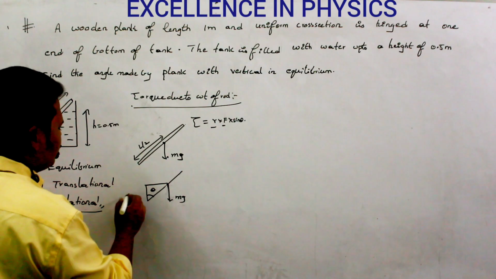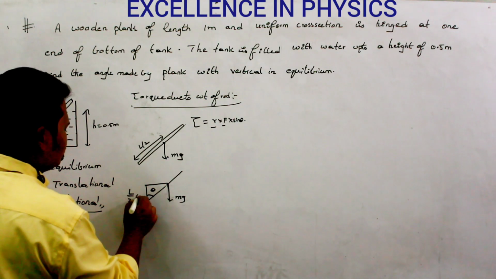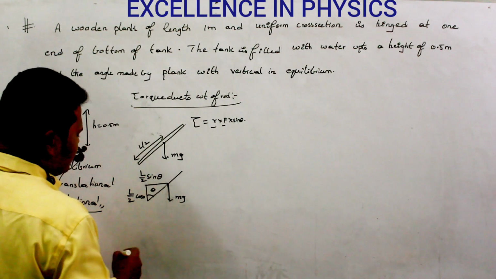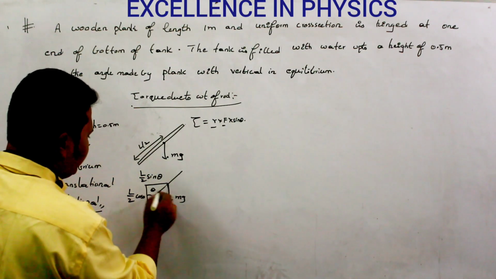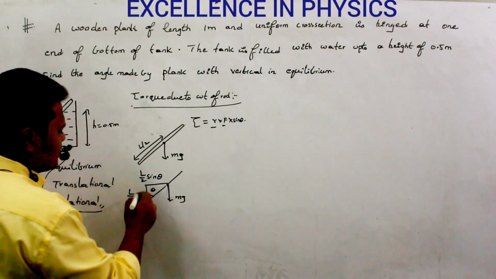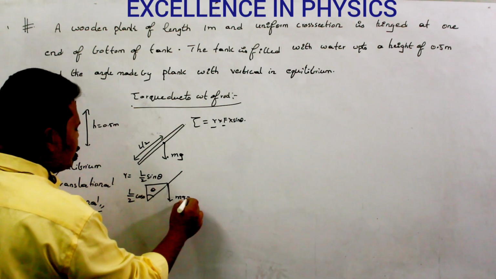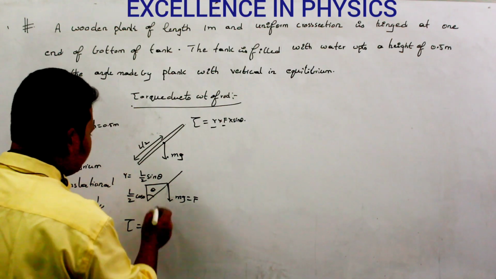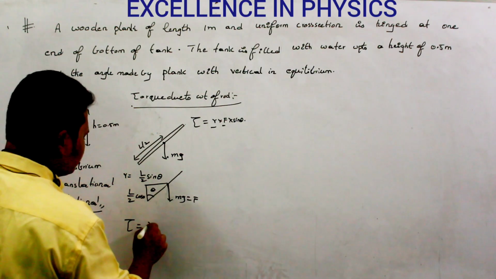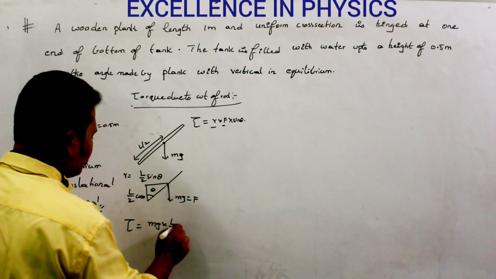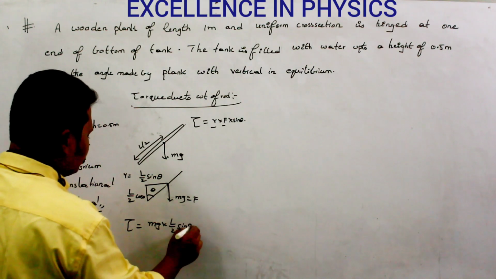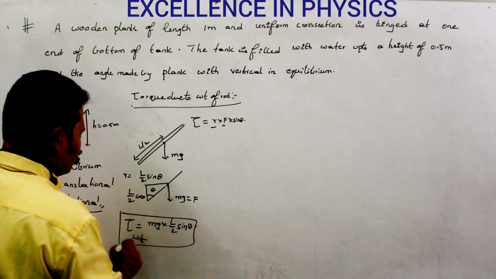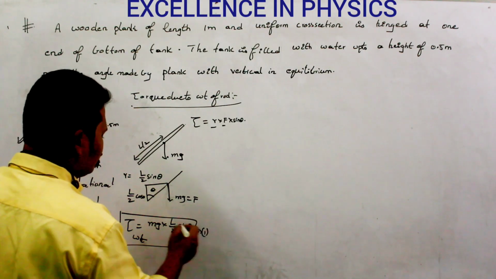So if this is L by 2, this is L by 2 cos theta and this is L by 2 sin theta. L by 2 sin theta and mg are perpendicular to each other. So this is R and this is F. Therefore I can calculate the torque as R into F, since they are perpendicular: mg into L by 2 sin theta. This is the torque produced because of the weight of this rod. Let it be our equation number 1.